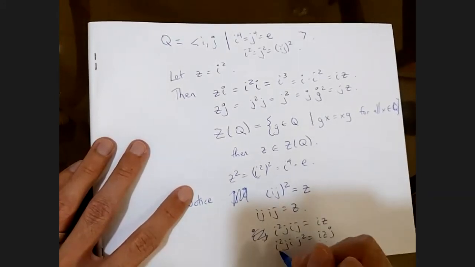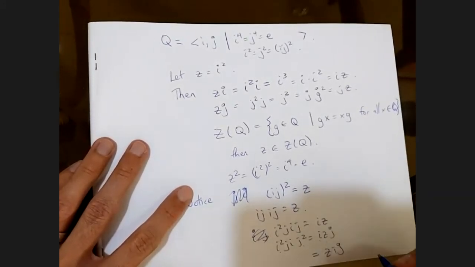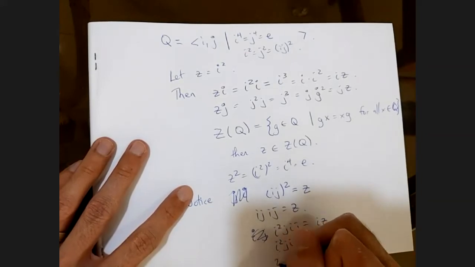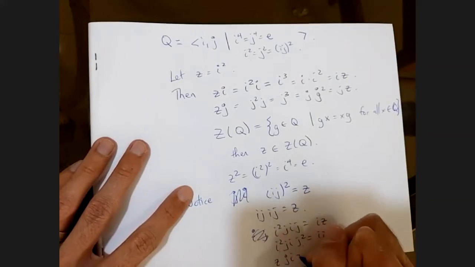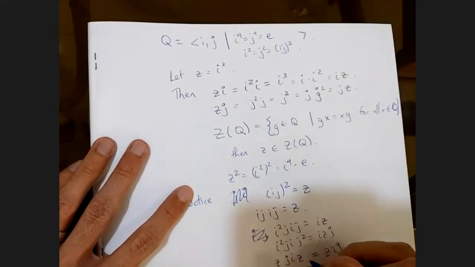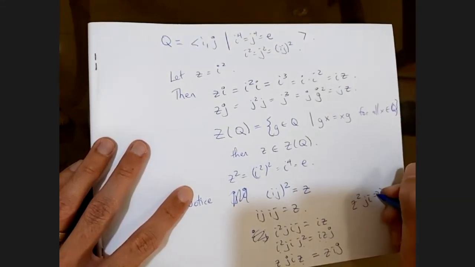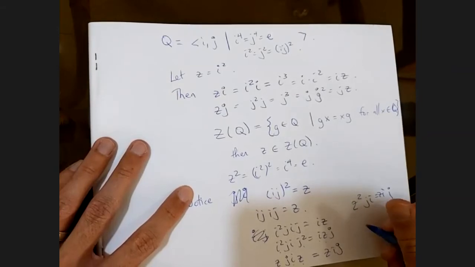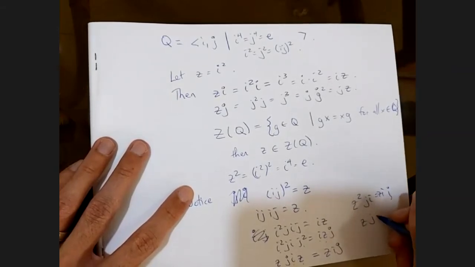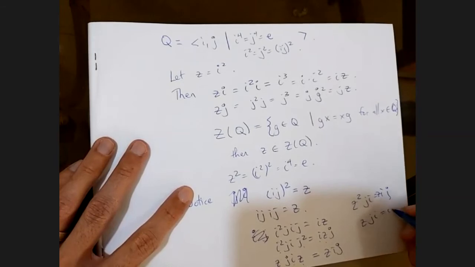And on the left-hand side, this is Z, this is Z. We have Z, JI, Z. In other words, now remembering that IZ is ZI and JZ is ZJ, we have Z squared JI equals ZIJ. In other words, Z canceling Z, we have ZJI equals IJ.